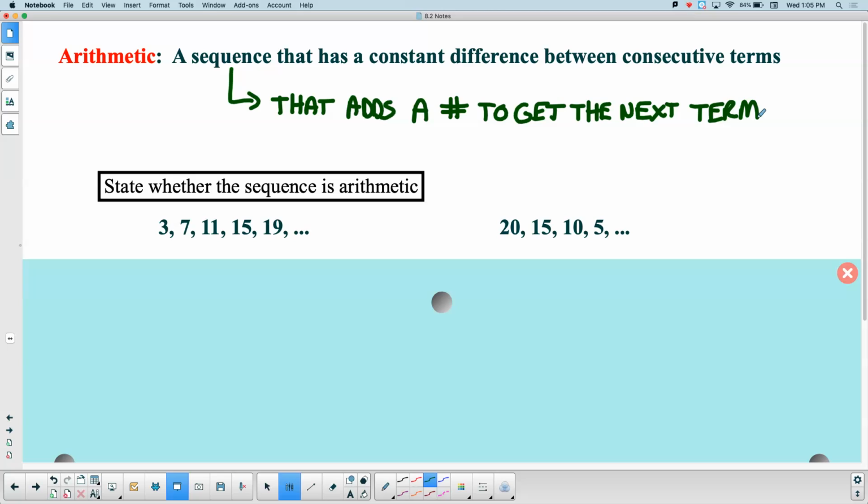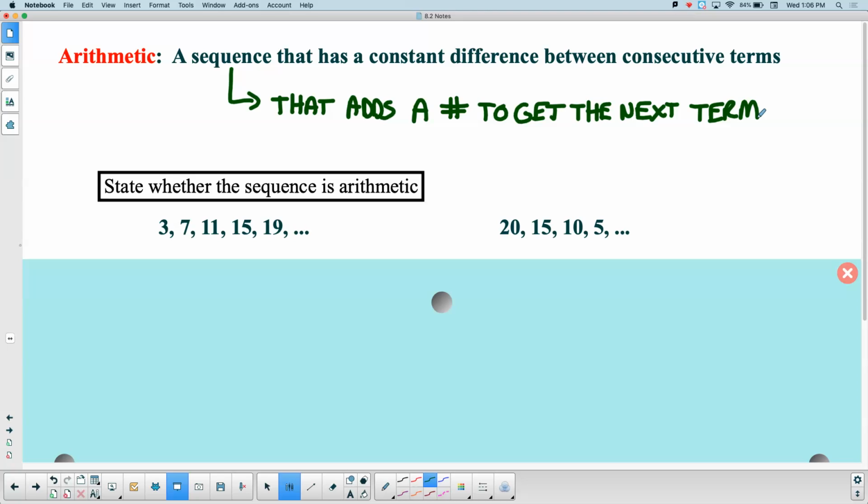So if you add 5 for the first term, you got to add 5 the rest of the way through your sequence in order for it to be an arithmetic sequence. If you add 5 and then subtract 2 and then add 6, that's not arithmetic. The difference is not constant.